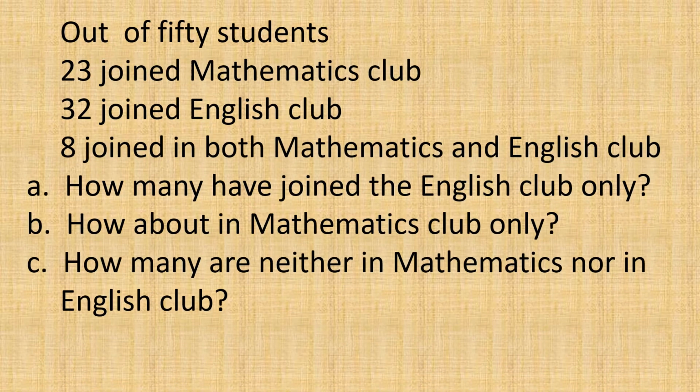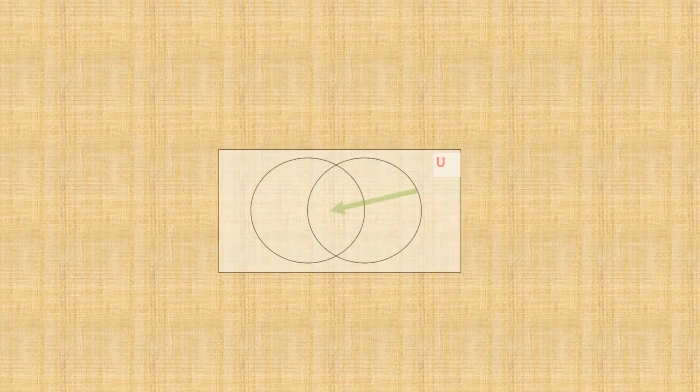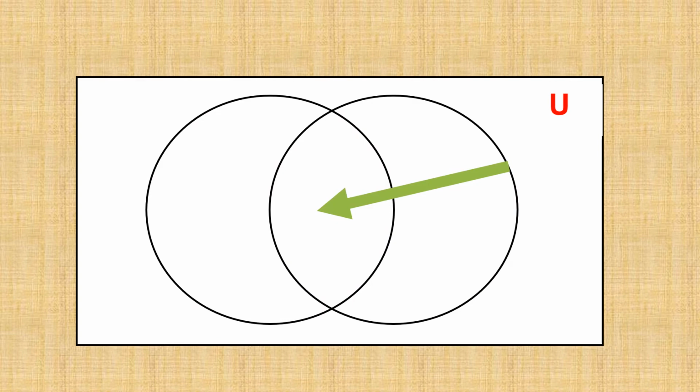Arrange the given data this way. You can start filling the diagram starting from the center of the two overlapping sets as marked by the arrow. Then work backward starting from the last given data. Let us solve the given problem by applying this technique.